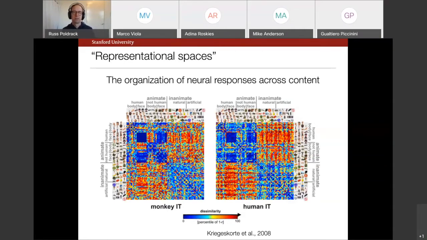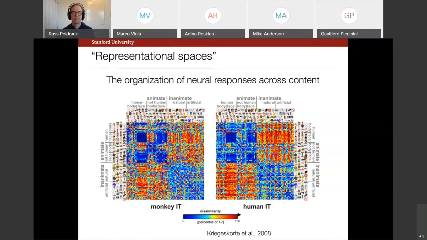The most famous example of this is from the early work of Nikolaus Kriegeskorte, where they took data from both monkeys and humans, looking at a large range of different types of objects: animate, inanimate, human, non-human, natural, artificial, and so on, and basically looked at the similarities.